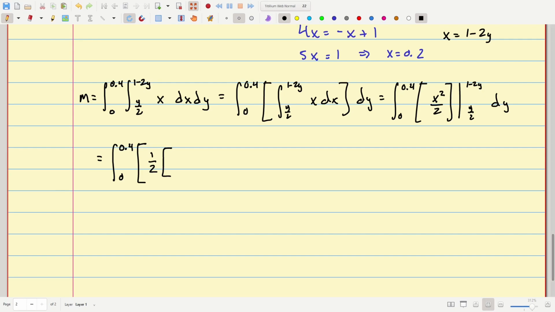And then on the interior here, I'm going to change my grouping symbols so that they're more clear. But if you just want to use a bunch of parentheses, that's fine.